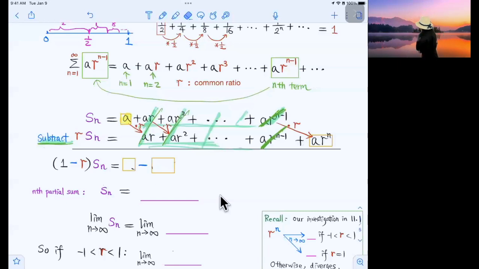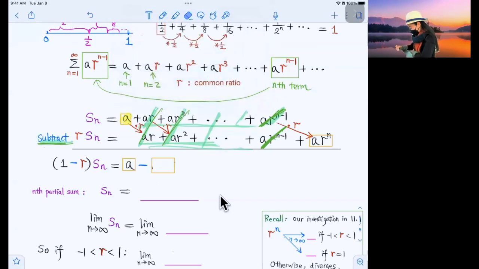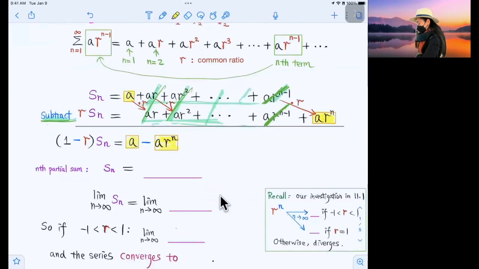This one has no one to cancel it, right? So when you subtract, all this middle stuff is going to cancel. So only this one here and this one here survive. But you're subtracting. So you get A minus AR to the n. Do you agree? Okay, great. A minus AR to the n. Now, can we solve for the nth partial sum Sn?